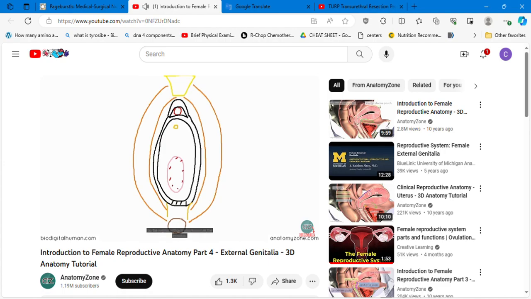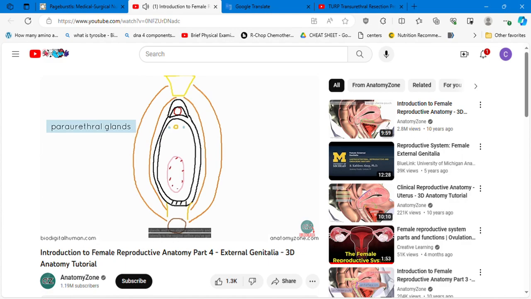The vaginal orifice is also known as the introitus. Also within the vestibule you've got the opening of two glands. On either side of the urethral orifice you've got the opening of the paraurethral glands.